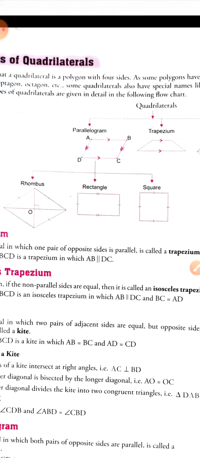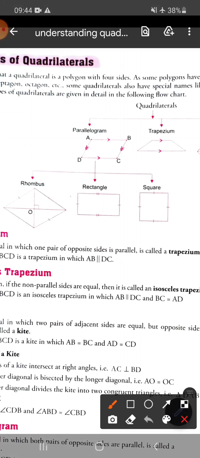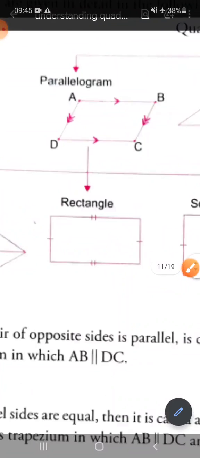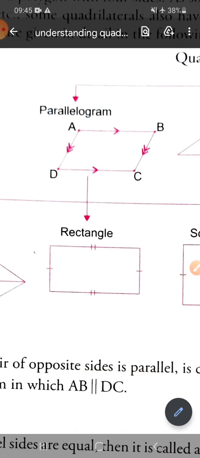A rectangle is a type of parallelogram in which opposite sides are equal and parallel, and one thing that is not there in a parallelogram but in a rectangle is that all the angles are equal. All the angles of a rectangle are equal, right? In the rest, each and every property of a rectangle is the same as the property of a parallelogram, except that all the angles of a rectangle are equal.